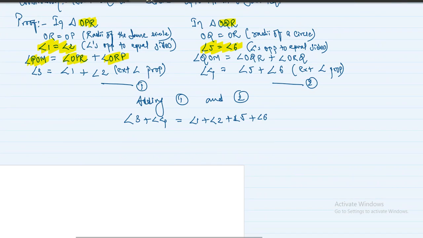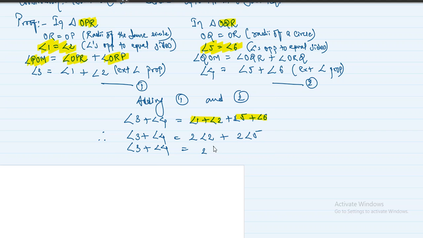See, these two are equal and these two are equal. Therefore angle 3 plus angle 4 is equal to 2 times angle 2 plus 2 times angle 5, that is, 2 times angle 2 plus angle 5.